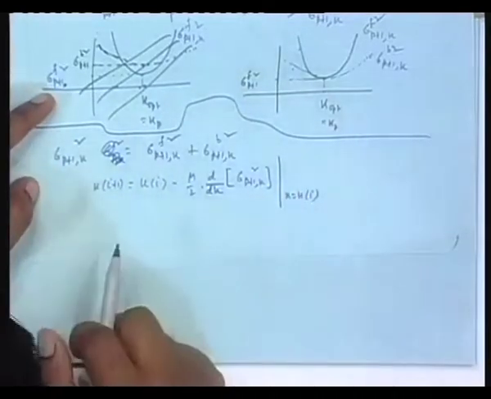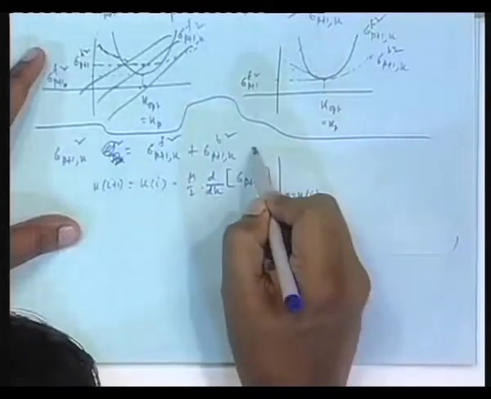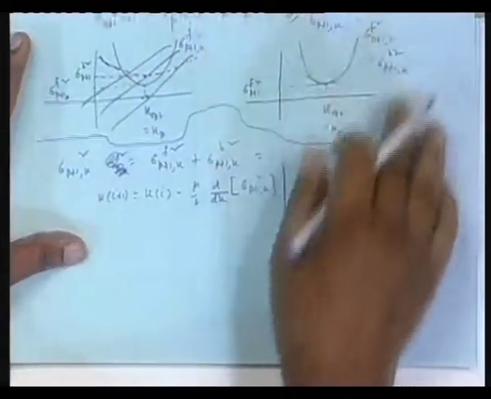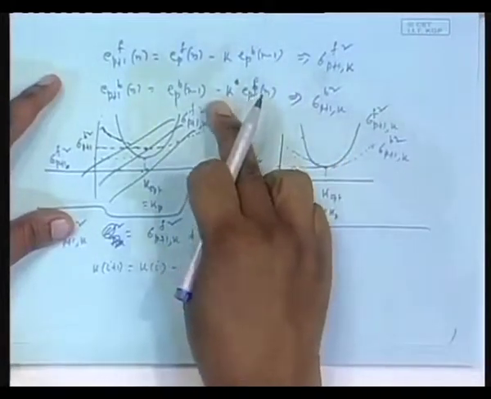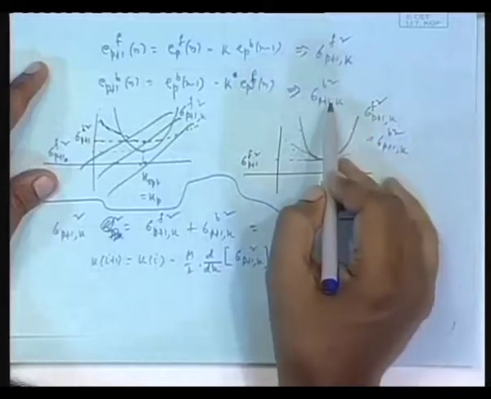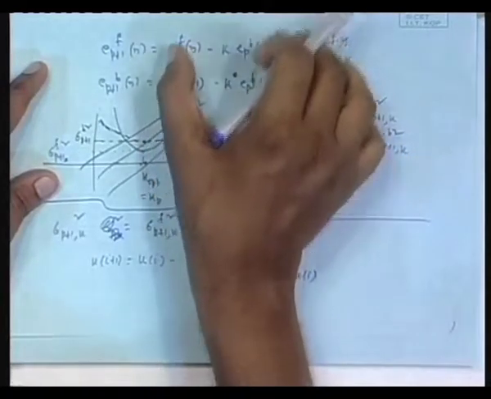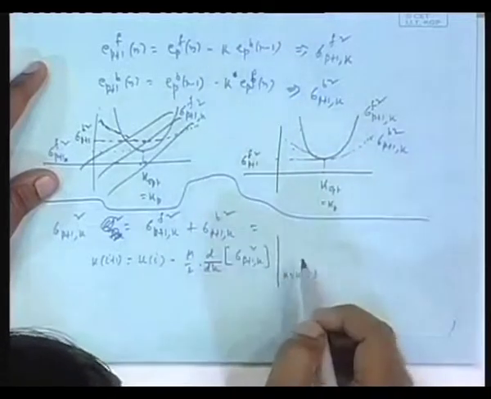And what will this give rise to? This norm square, if you square it up and differentiate this, what will we get actually after differentiation?